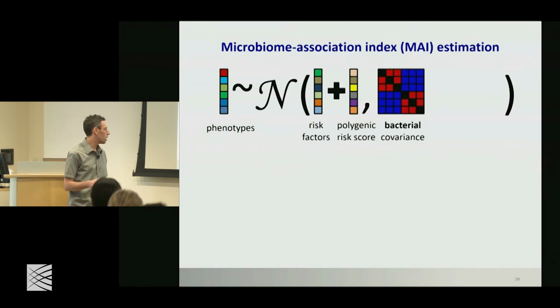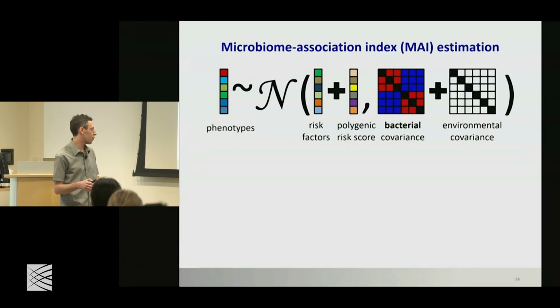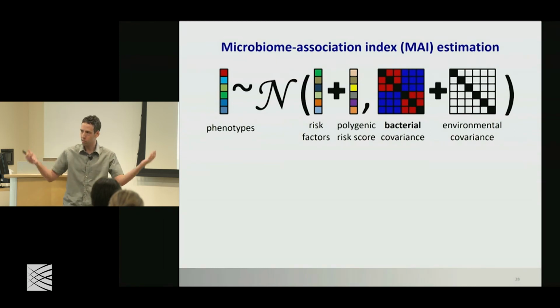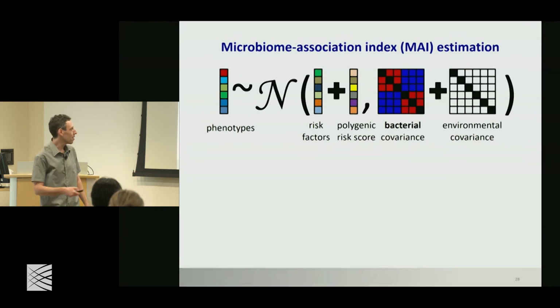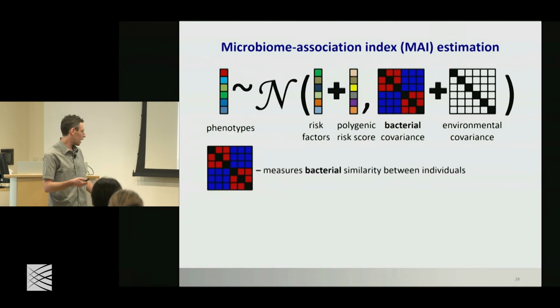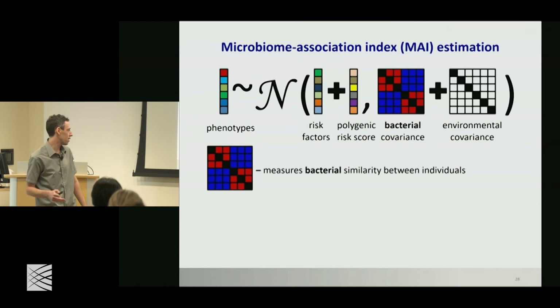Now the covariance matrix is given by the sum of a bacterial covariance matrix and an environmental covariance matrix, which I forgot to say before, is essentially supposed to capture everything that we couldn't capture with the other matrix. It's all the noise, all the things that we can't explain, and this is a diagonal matrix. Exactly like before, the underlying idea is that individuals who have more similar microbiomes are expected to have more similar phenotypes. So it's a very similar idea.